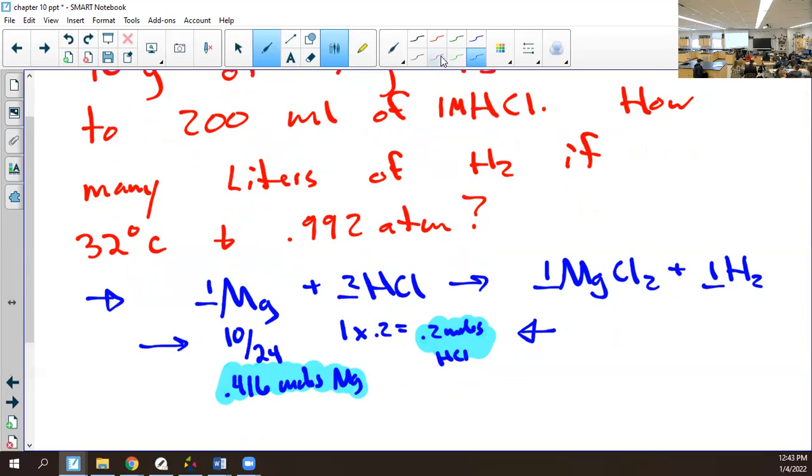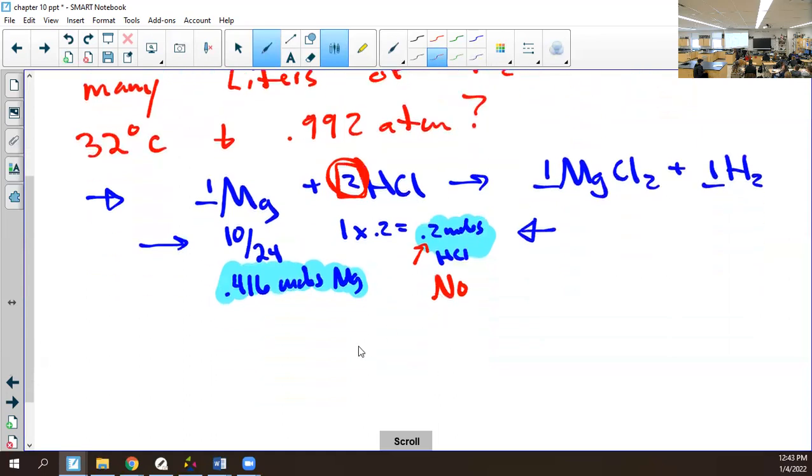So remember, I asked myself the following. I find the bigger coefficient and I say, is 0.2 twice as much as 0.416? And the answer is no. So which one's my limiting reactant? The HCl is. So my 0.2 moles of HCl.